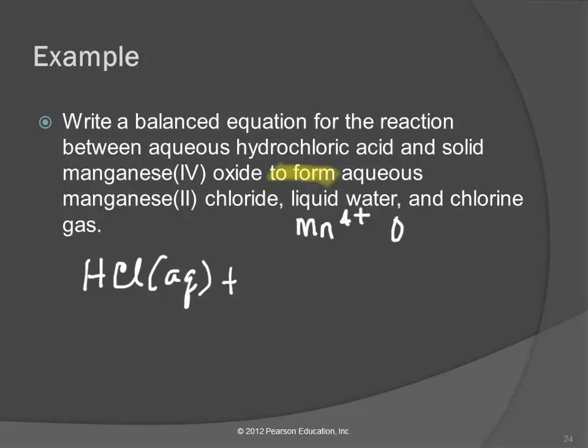Oxide, oxygen forms an ion that is 2-. Now this is one of those unusual ones where we have to be a little careful with the whole crisscross idea. So if we crisscross these, because 4 and 2 are not the same, then we end up with Mn2O4.